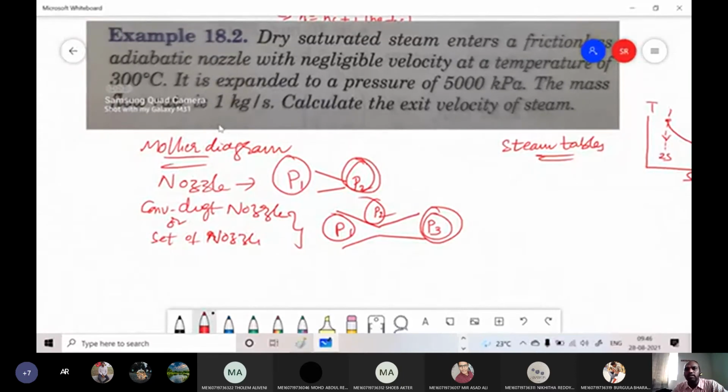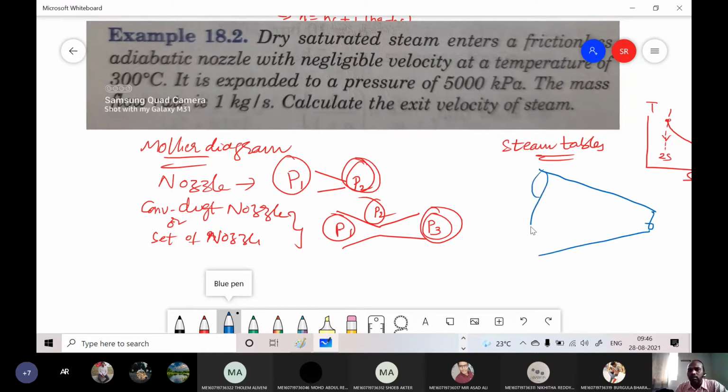Dry saturated steam enters a frictionless adiabatic nozzle with negligible velocity at a temperature of 300 degrees centigrade. Only a simple nozzle is given. Just draw the nozzle, inlet and outlet conditions, with the axis of the nozzle. At the inlet, velocity is 0, negligible.